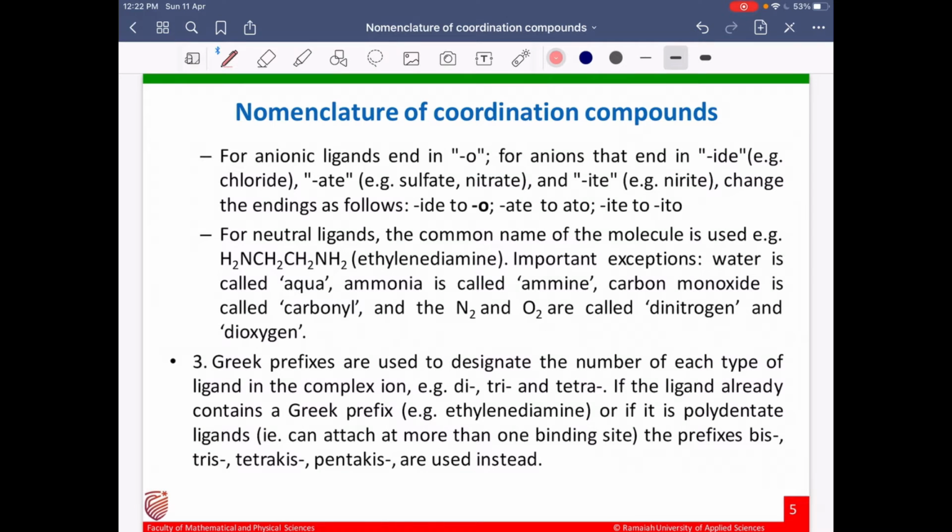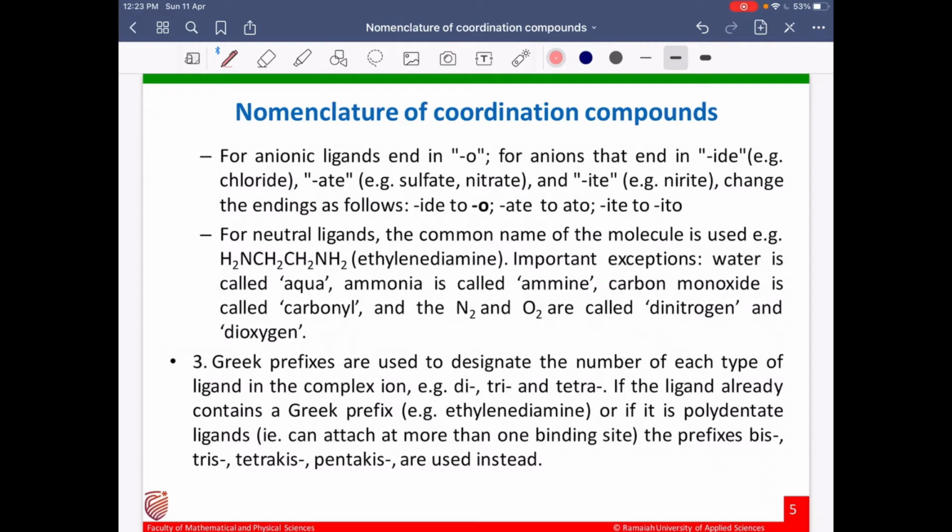Again, I am repeating the things that we studied as the names of the anionic ligands and neutral ligands. Anionic ligands end in O. For anions that end in ide or ate, change the endings as follows. For example, if it is bromide, it will be bromo. If it is sulfate, it will be sulfato.